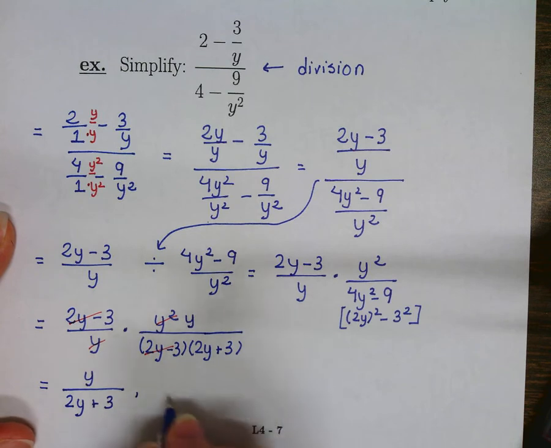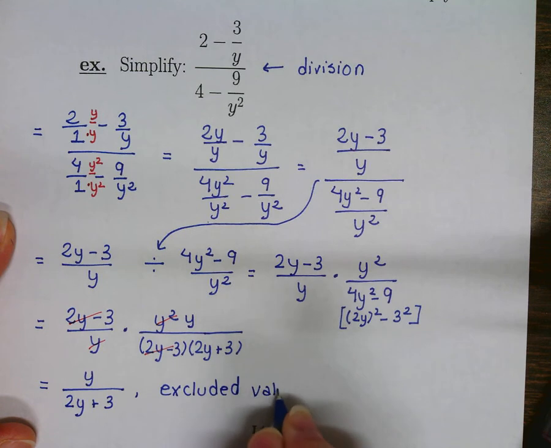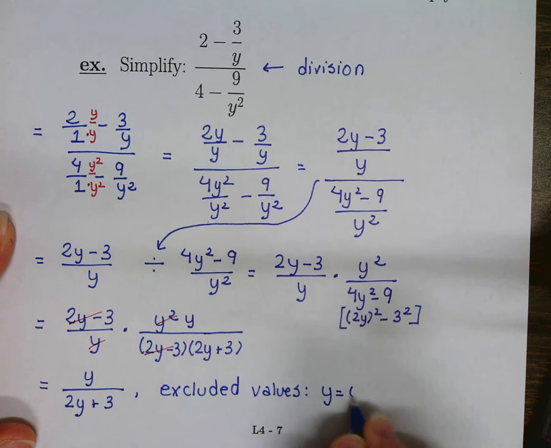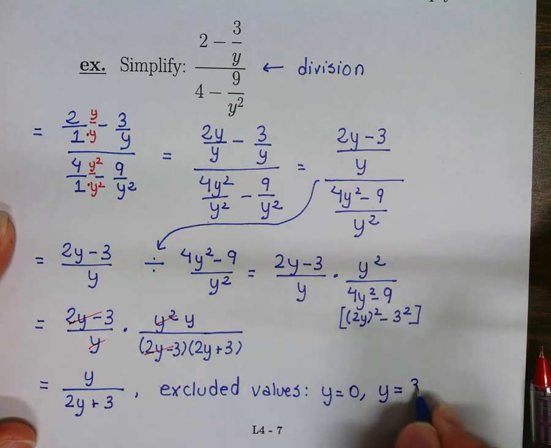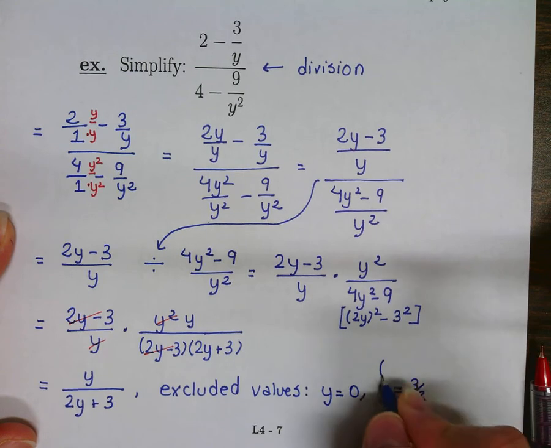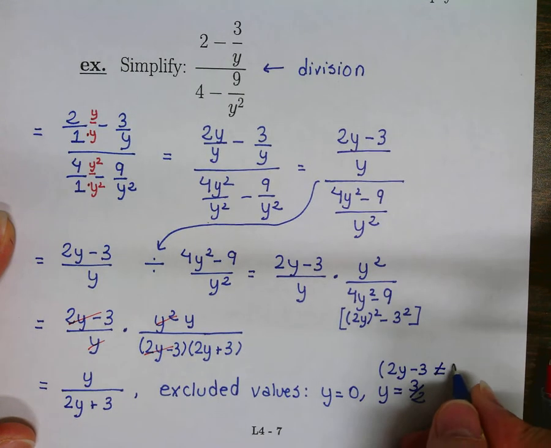Notice that we have excluded values of y equals 0 and y equals 3 halves, because 2y minus 3 cannot be 0.